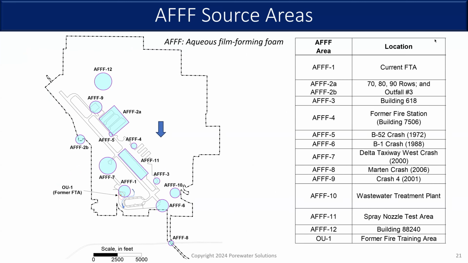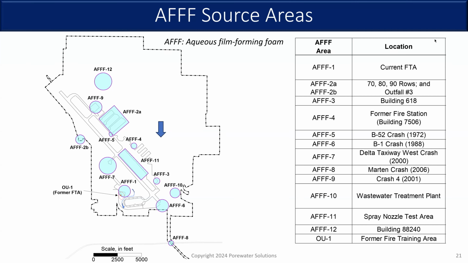So one thing we try to do with this site, just as an example of can we do it, I wanted to try and figure out, can we use visual methods to actually figure out what were the predominant AFFF products used in the different source areas at the site? Can we actually see where they're distinguishable?